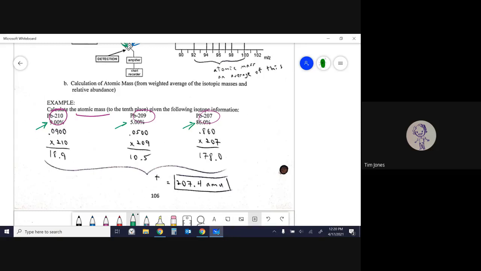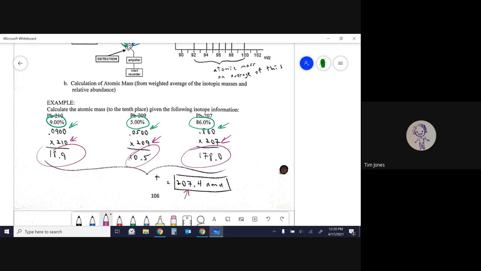So what you do here is turn your percents into a decimal, divide by 100, which I've done here, here, and here. Multiply that times the mass number, so times 210 here, 209 here, 207 here, and then add up your values. 1, 2, 3, add them up, and you get the average.